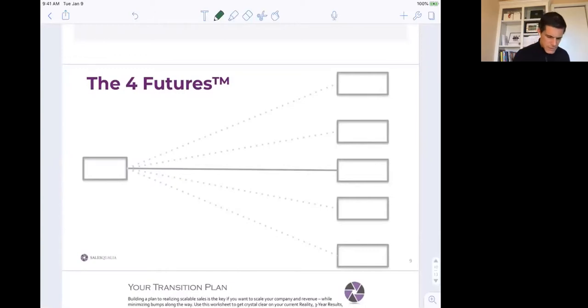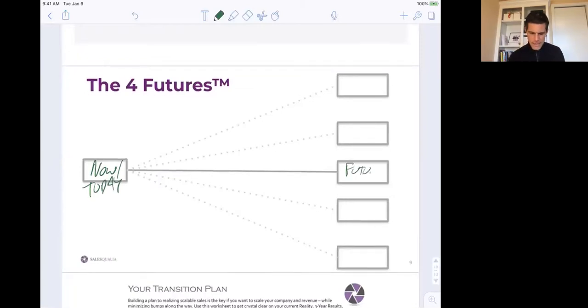The way it works is we're sitting here now, today, and there's this future state out here. I usually like to think in 3-year increments, so year 1, 2, 3.